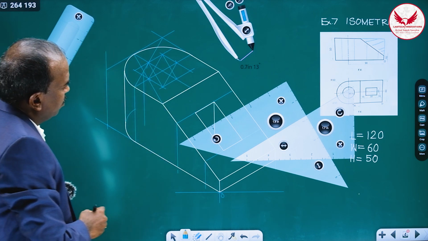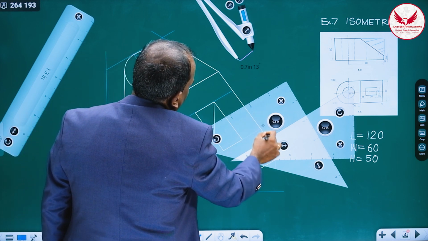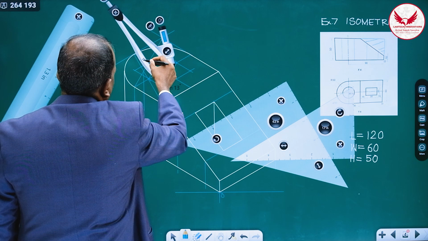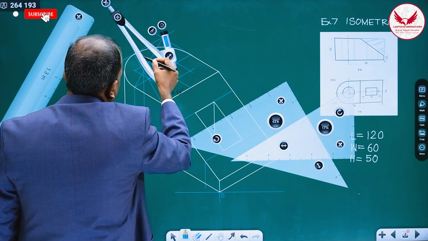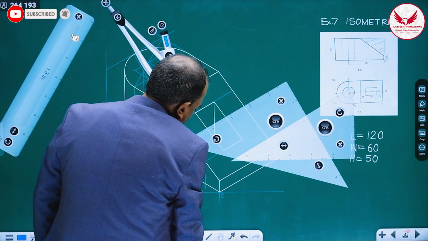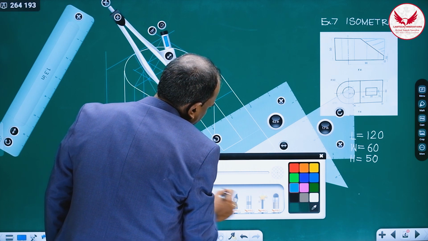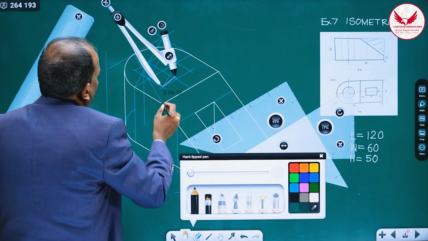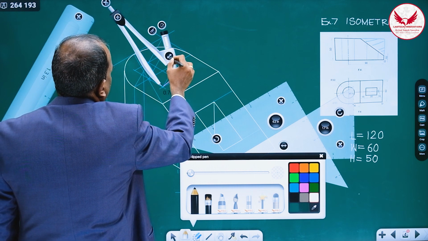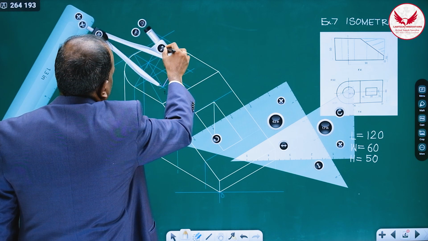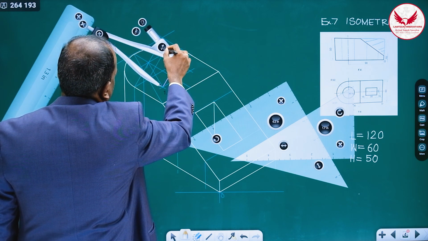With the help of these 4 centers, we can mark the ellipse. How can we mark it? First, I'll use this first center, and with this first center, see the midpoint of the opposite side. So it is the midpoint of the opposite side.